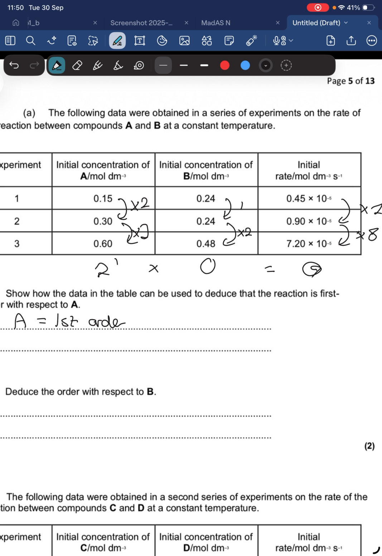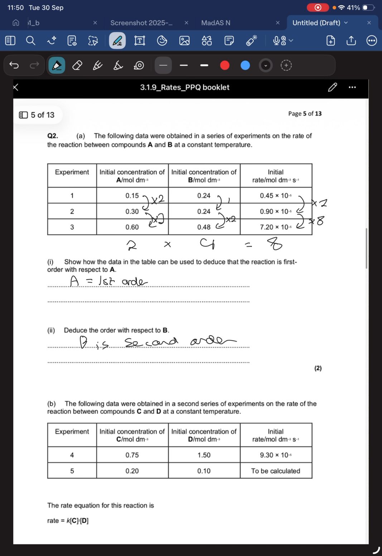So safely we can assume this is second order, because second order is 4, okay? And 2 times 4 is equal to 8. So we can safely assume that B is second order. Sorry for my scrambling. It's just my mind's going all over the place.